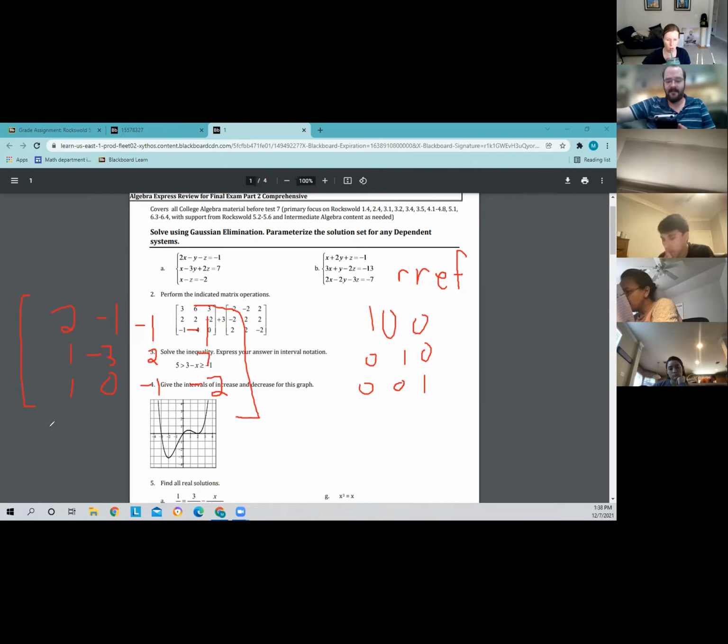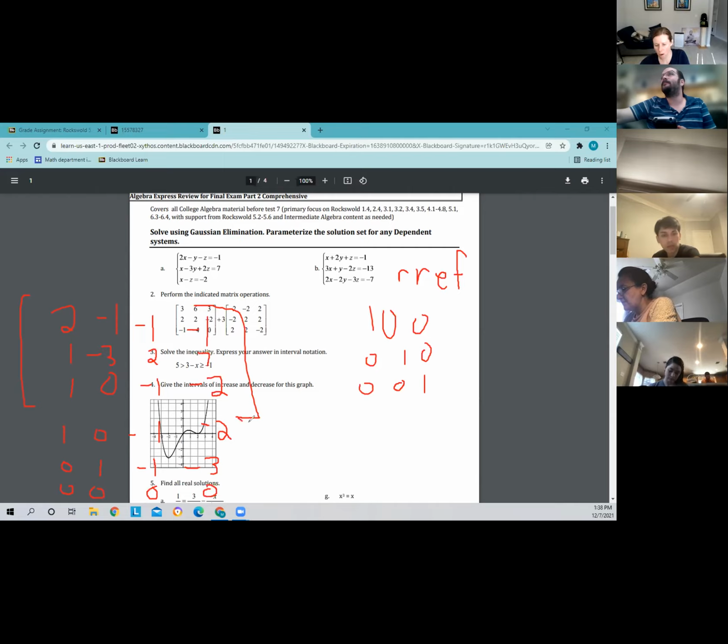My calculator is going to spit out something like 1 0 minus 1 minus 2, 0 1 minus 1 minus 3, and then on the bottom it gives me nothing but zeros.